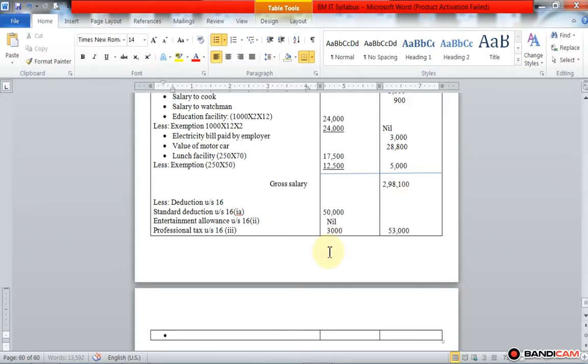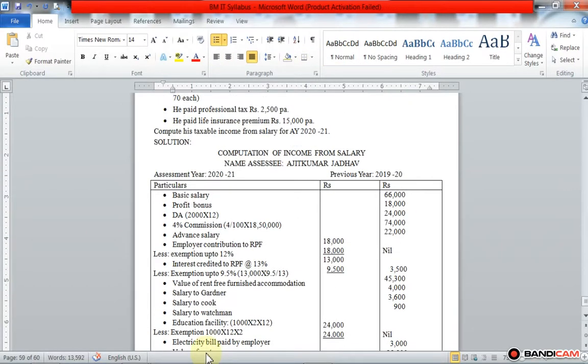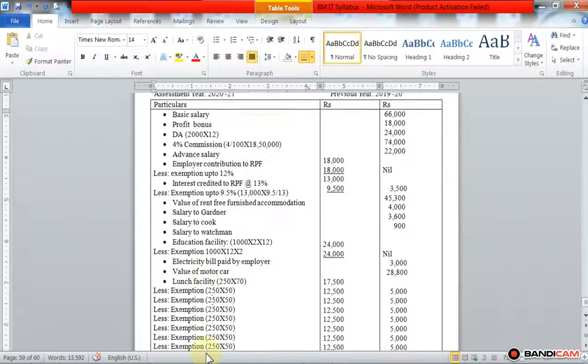Deduct the 53,000 from 2,98,100. Okay, see the amount of professional tax. Here professional tax is 2,500, not 3,000.